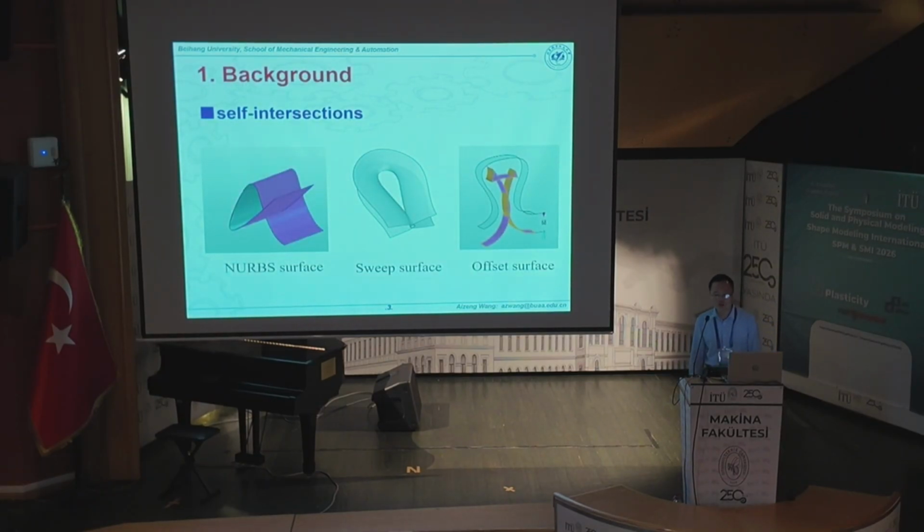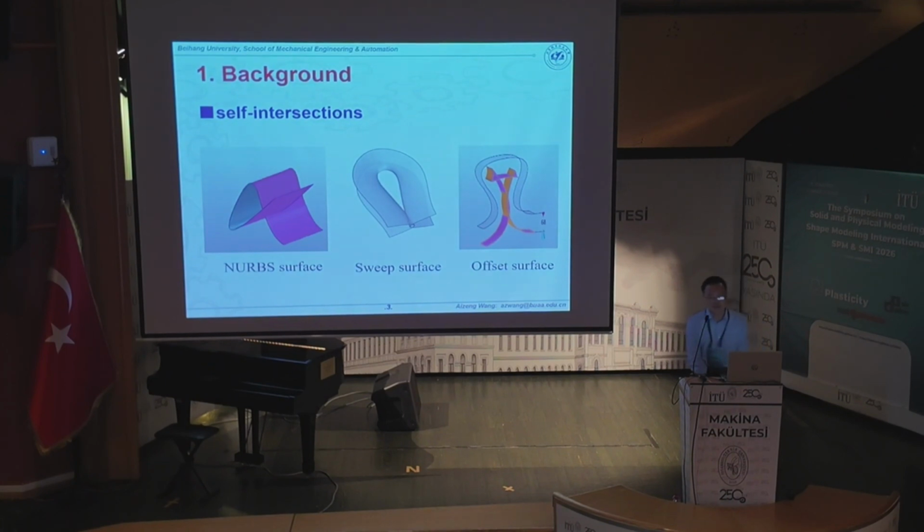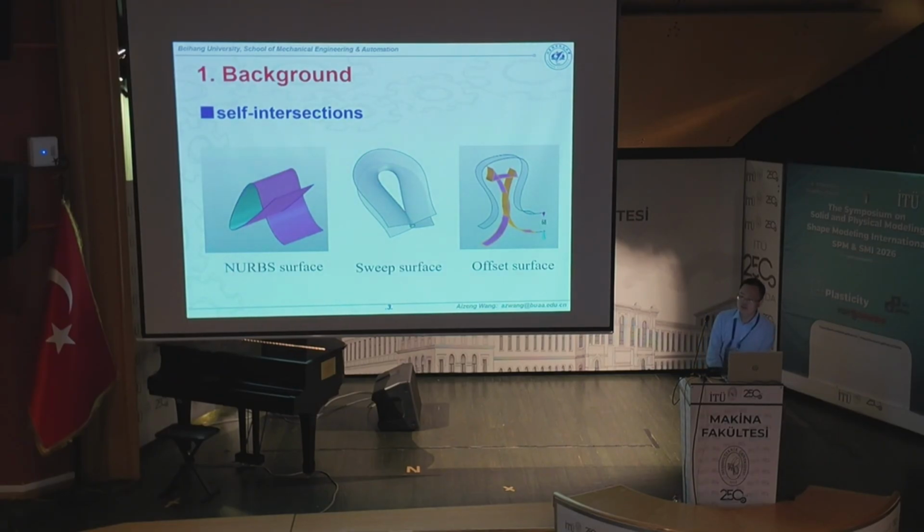Computer-aided geometric modeling methods often generate self-intersections when modeling shapes like reference surfaces, sweep surfaces, and offset surfaces. Such self-intersections not only damage the model's quality, but can also lead to unpredictable failure in subsequent operations, like geometric processing or toolpath generation.